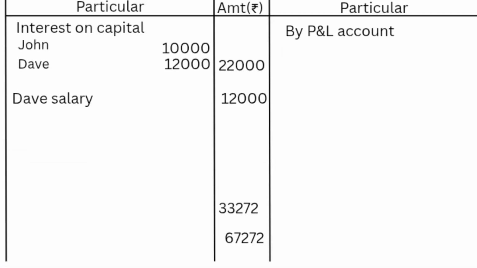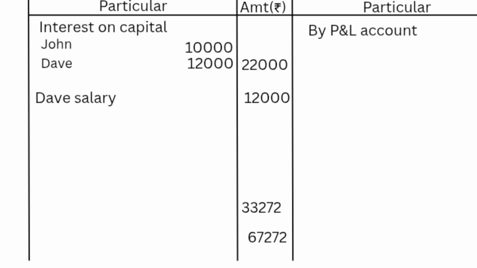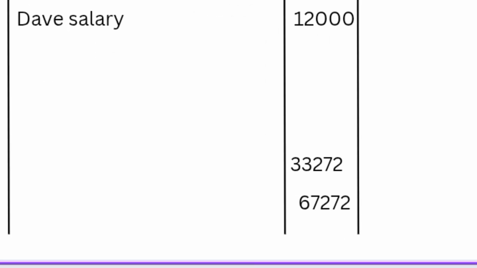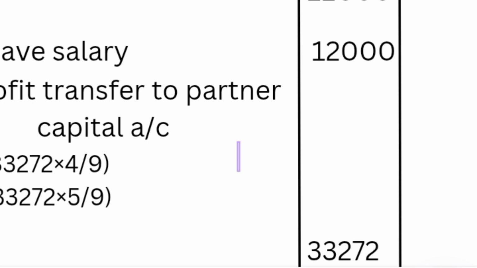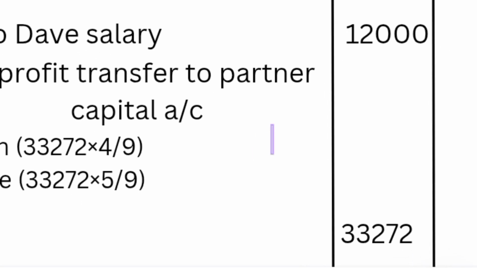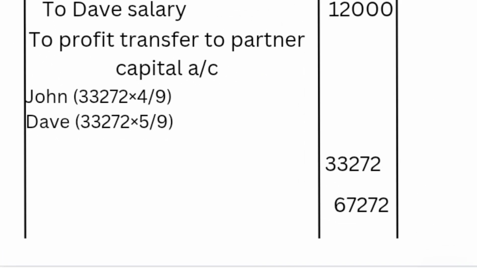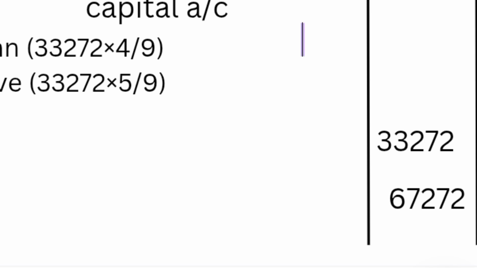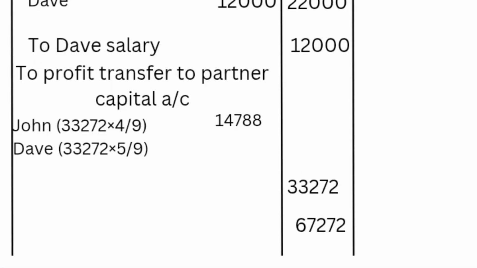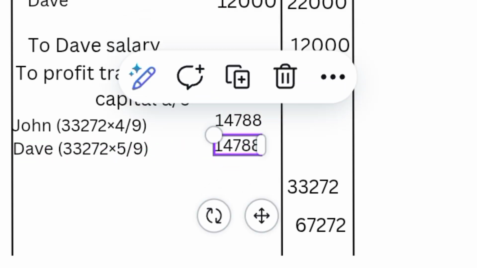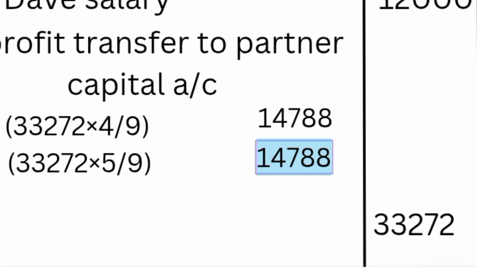So we'll divide this amount in the ratio of 4 is to 5. 33,272 multiplied by 4 divided by 9 is 14,788, and the next one, 33,272 into 5 divided by 9, is 18,484.